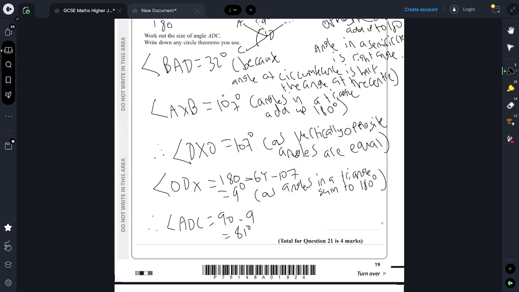It's going to be 81. And this is because the radius and the tangent are perpendicular. And that should be your answer.